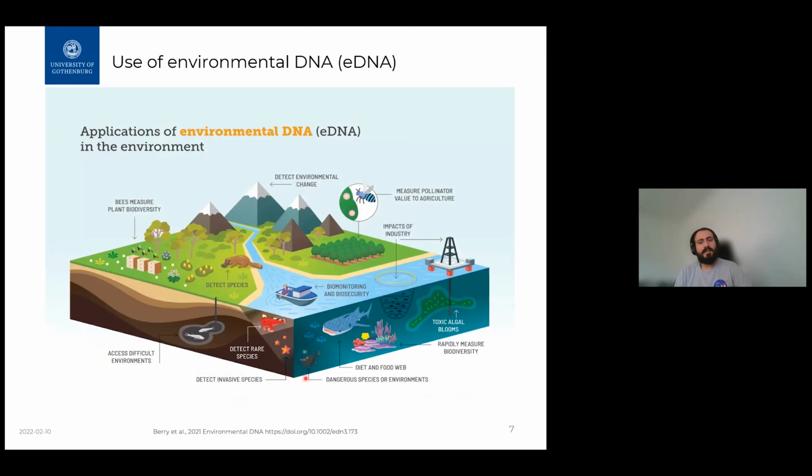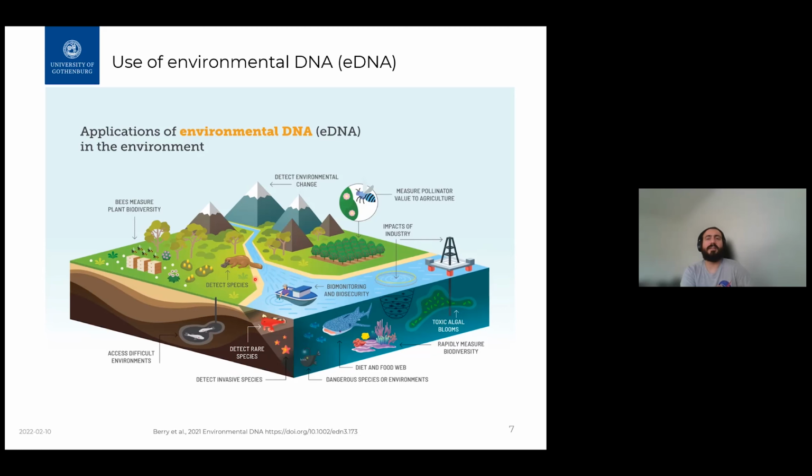The use of eDNA is becoming a standard method for biomonitoring. So it's complementing traditional taxonomic approaches today. It's also frequently used for the detection of rare species or invasive species in the environment. It has been shown to be a really useful tool to reach really complicated environments.